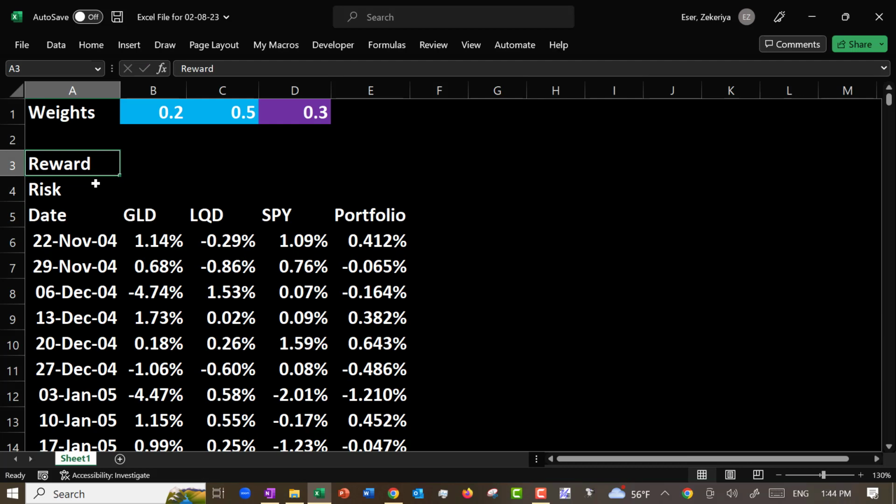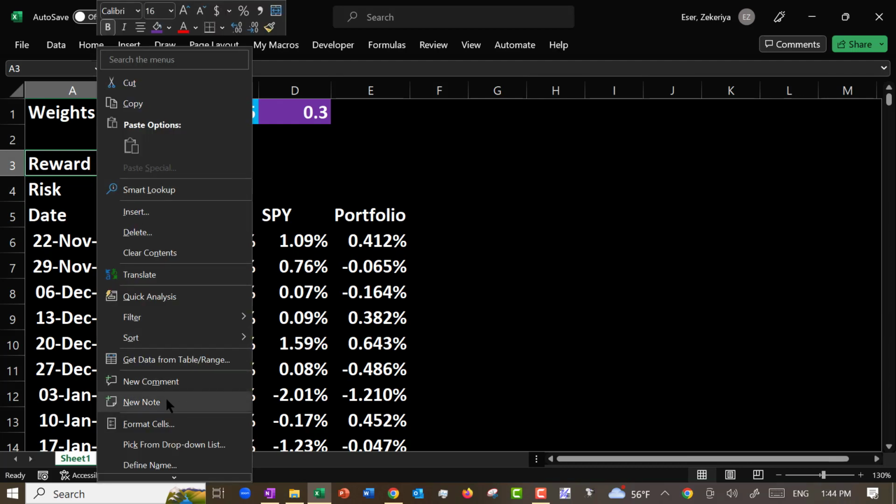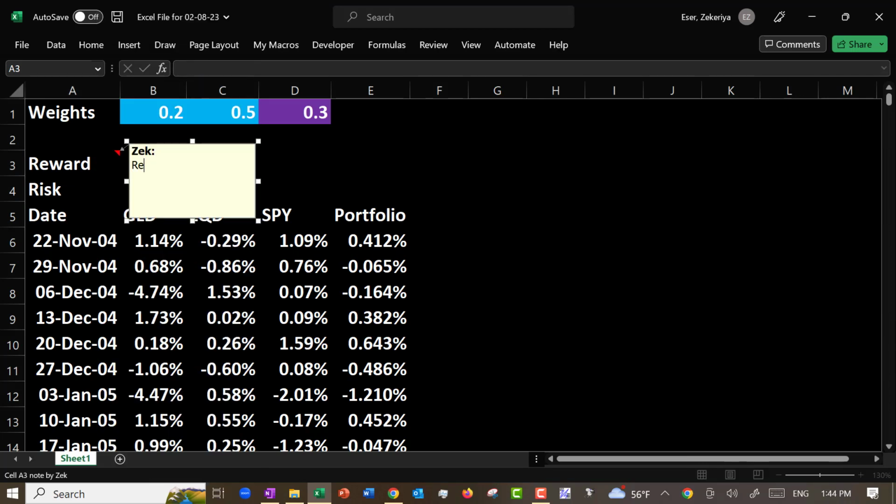And let's put a note. Reward means some type of historical average. Get the arithmetic average, median, trimmed mean, whatever. That's up to us.